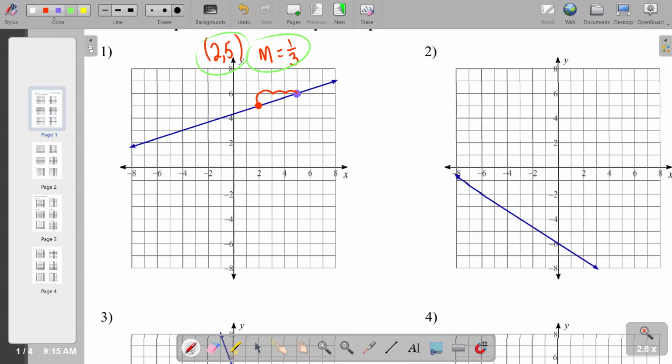And now that I have them, I'm going to write the equation just the way we have been. So I'm going to go y minus the y coordinate, which is 5, equals slope times x minus the x coordinate, 2.